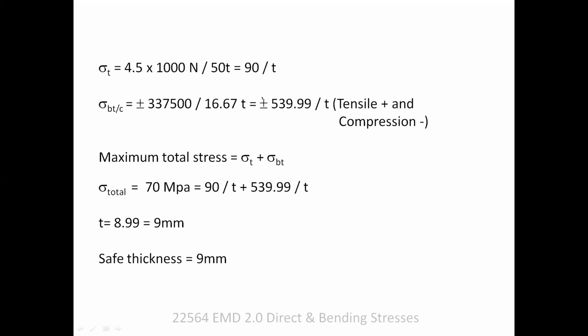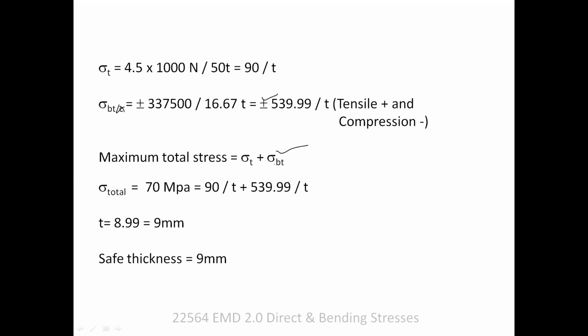So 539.99 divided by T, which is plus. We are not going to consider sigma C, because the maximum value comes out with sigma BT only. If I take sigma BC, then the total stress will be sigma T minus, so it becomes lesser. That's why we consider the right side of the section, because there is a possibility of failure when both are tension: sigma T plus sigma BT.